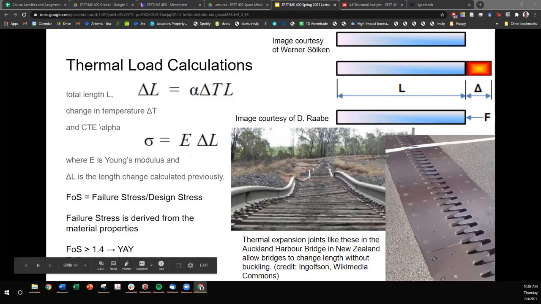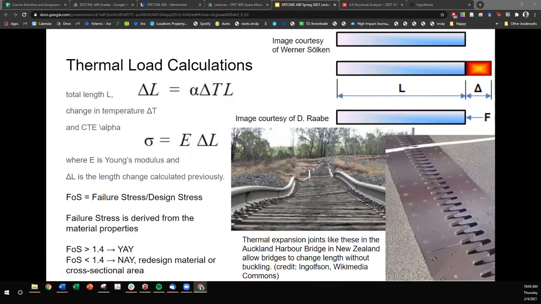Okay. The last load that I'll talk about are thermal loads. So you'll see thermal loads, for example, on railway tracks where these long, slender beams are expanded during a summer day when it heats up. When that difference in length is not accounted for, then you'll get behavior like this where the rails start to buckle.